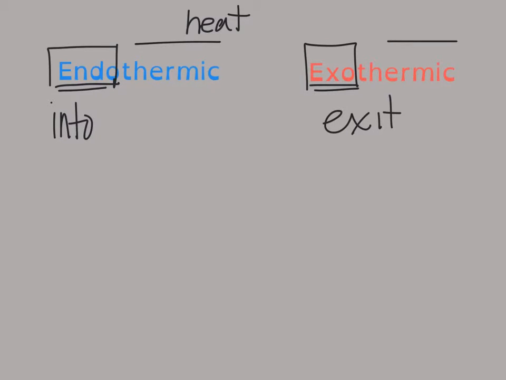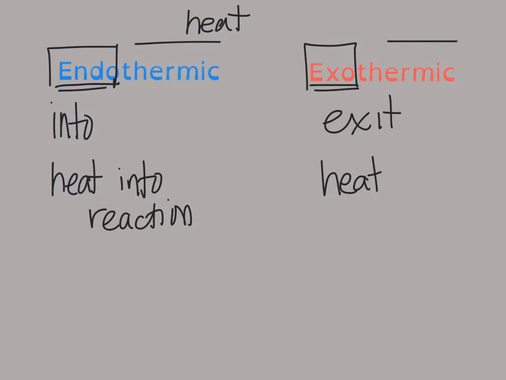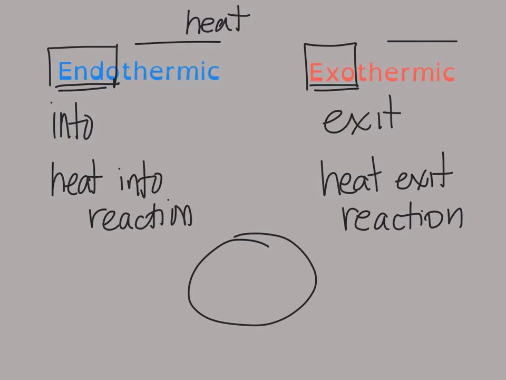So in an endothermic reaction, we're talking about heat going into the reaction. And in an exothermic reaction, we're talking about heat exiting the reaction. So if we have our reaction, and it's in this circle, an endothermic reaction would go in, and an exothermic reaction would leave.